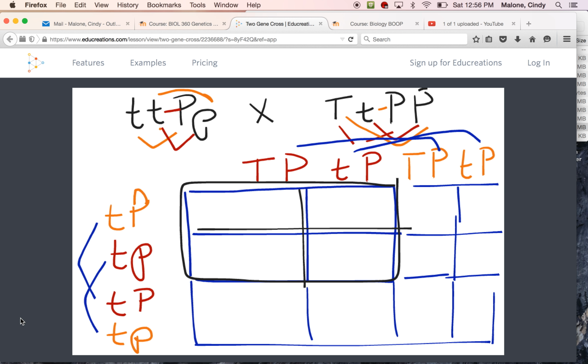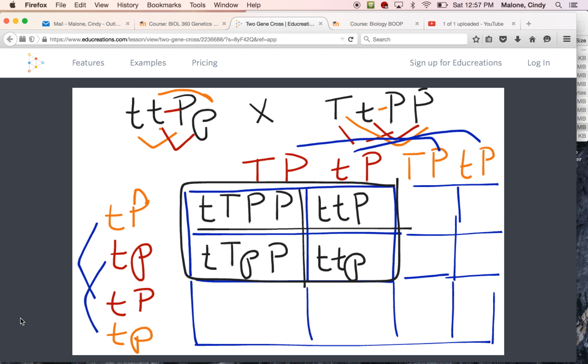We bring little t over four times, big T down, big T down, little t down, little t down, big P over, big P over, little p over, little p over, and big P down four times. These are all the possible genotypes that we can get from these parents.